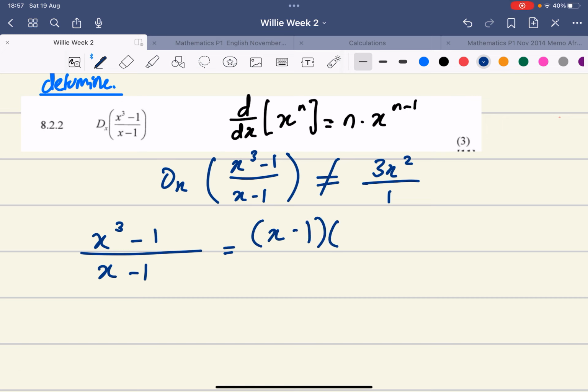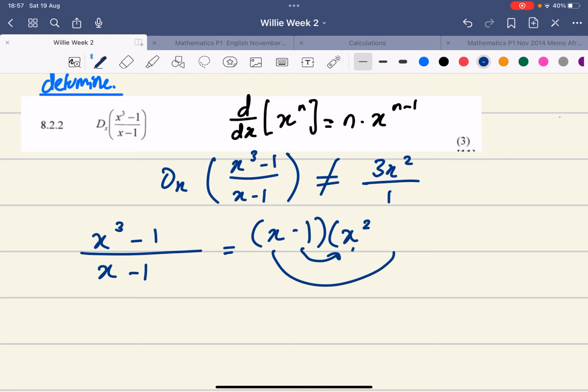Now we just need to find the remaining term, and we do that by inspection. So x times what is going to give us x cubed? Well, it has to be x squared. Similarly, we don't have an x squared term, so when this is multiplied in, we get a minus x squared.